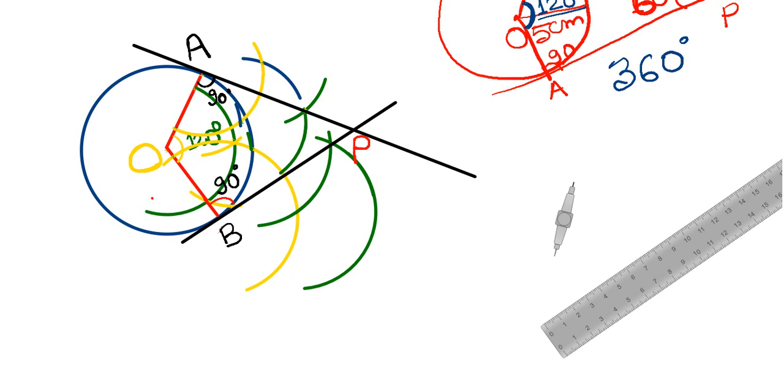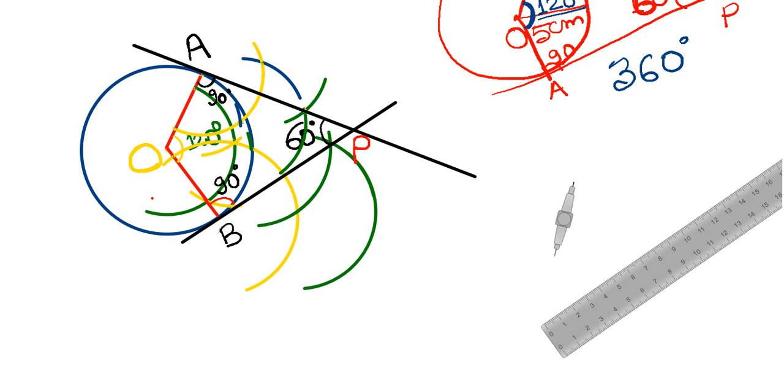So 90 plus 90 plus 120, yes. So the remaining angle of this quadrilateral AOBP must be 60 degree. So this angle will be 60 degree of course.